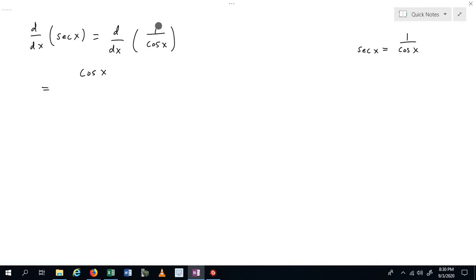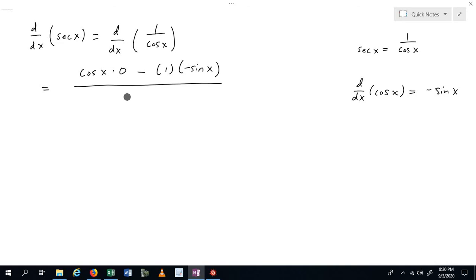And of course, the derivative of the high is 0 because that's a constant. Okay, minus the high, which is 1, times the derivative of the low. And remember, the derivative of cosine is minus sine of x. Okay, all over low, low. So cosine times cosine.